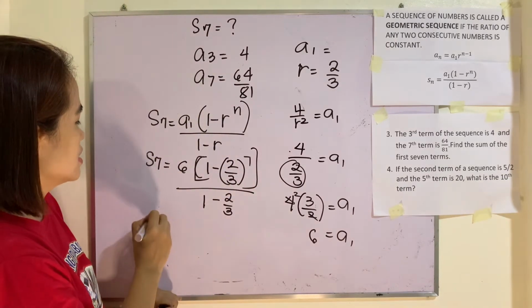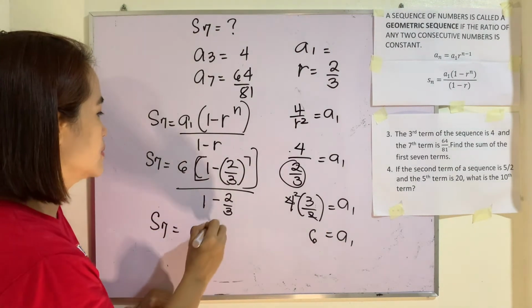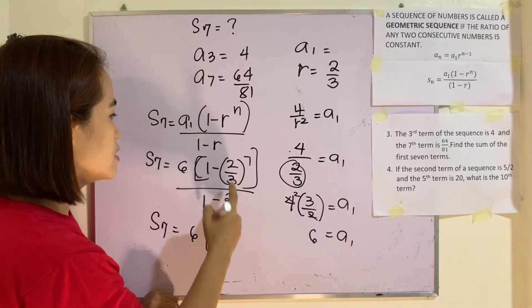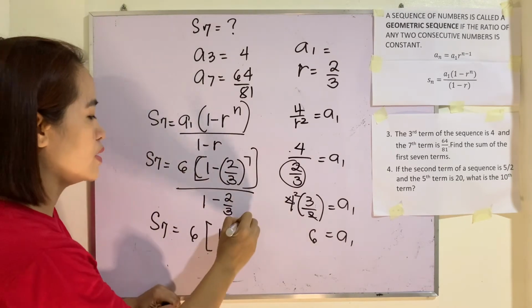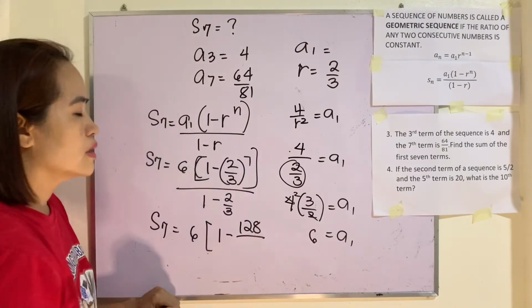Okay, so S sub 7 now is equal to 6 times 1 minus, this one is 2 raised to 7, 128, over 3 raised to 7.